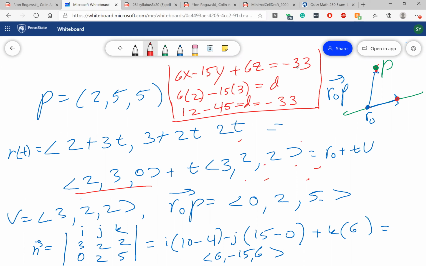So this is the equation of our plane. Let me just rewrite it: 6x minus 15y plus 6z is equal to negative 33. So let me erase this.